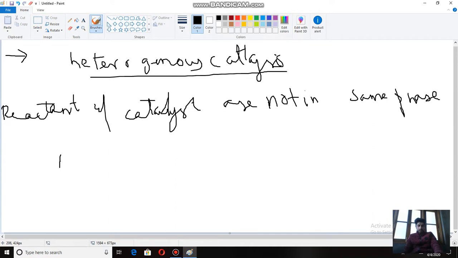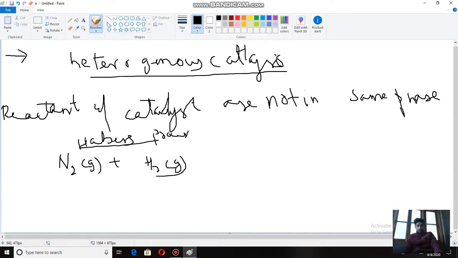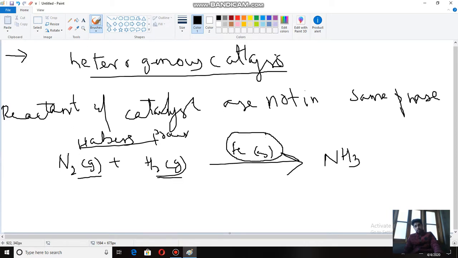For example, let's take Haber's process, you may have heard. It's the process in which we produce ammonia. Basically these two are gases, and this reaction takes place in presence of iron. Iron is solid, and we get our NH3. See, this is gas, and this catalyst is in solid state, so this will fall in the heterogeneous catalysis category.